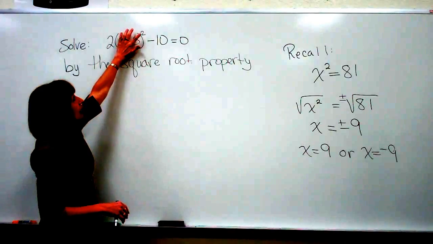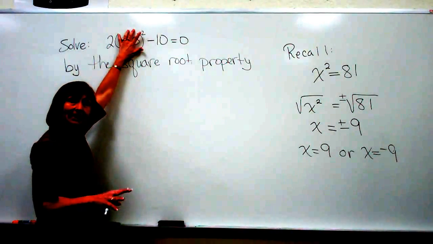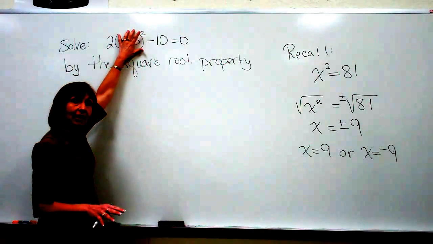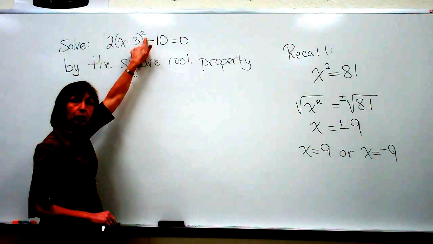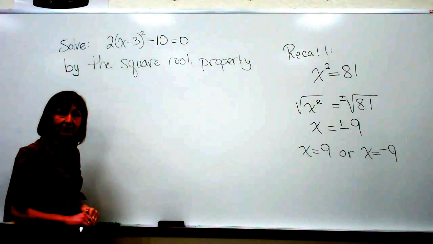So if I could just get this expression, the x minus 3 quantity squared, isolated on a side by itself, then I could go ahead and use that square root property to get the square off the quantity and then finish off to solve for my x.